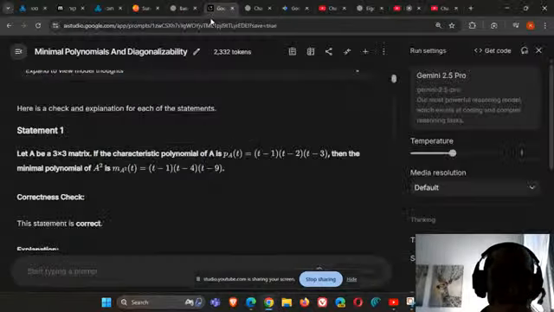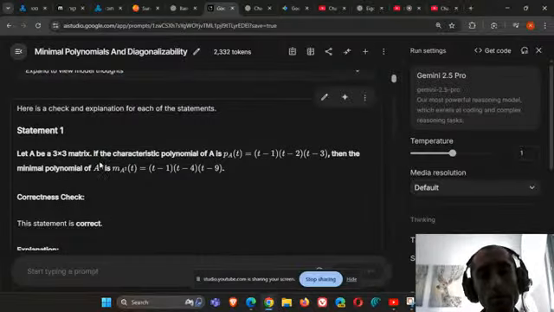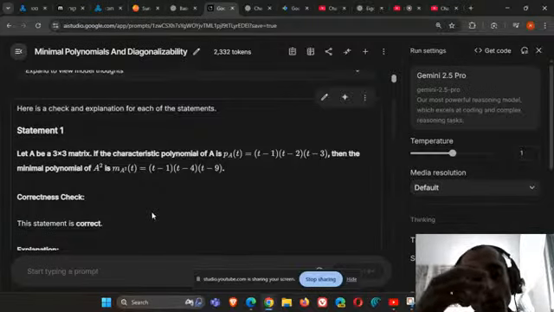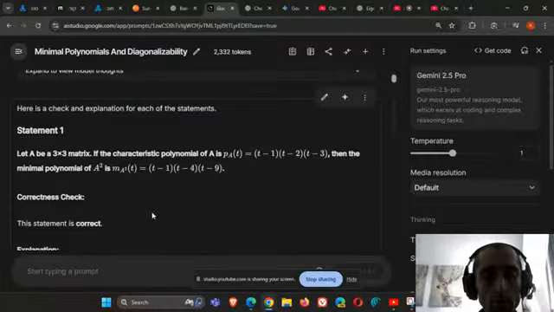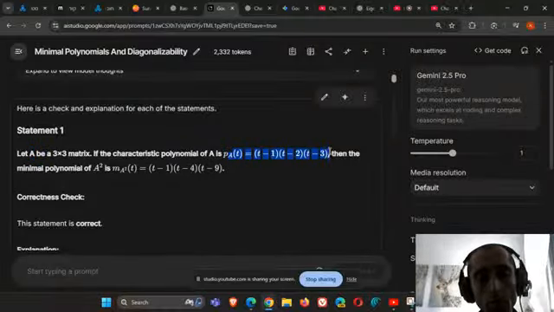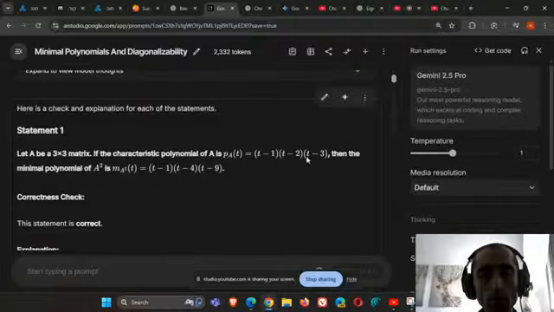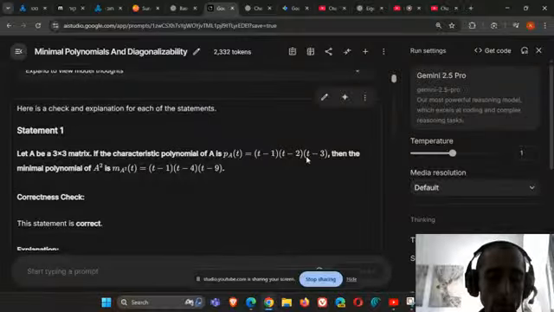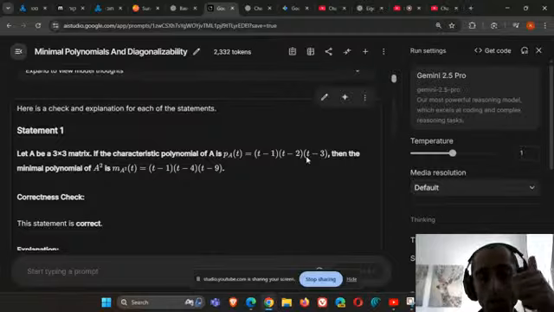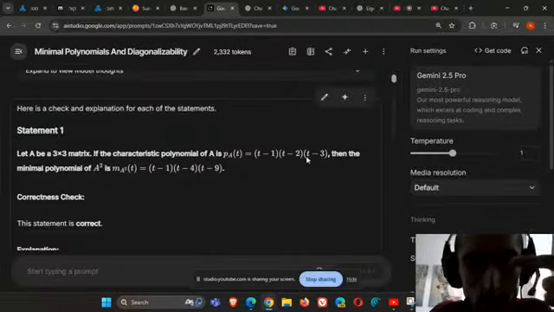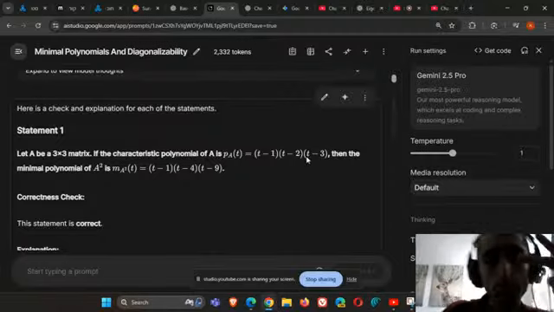Now the first question asks about the relationship between the characteristic polynomial of the matrix A and the minimal polynomial of the matrix A squared. We know that for a 3 by 3 matrix A, we have a characteristic polynomial which is this one. And if you look at this characteristic polynomial, you will understand that A has 3 eigenvalues: eigenvalue 1 equals 1, eigenvalue 2 equals 2, and eigenvalue 3 equals 3.